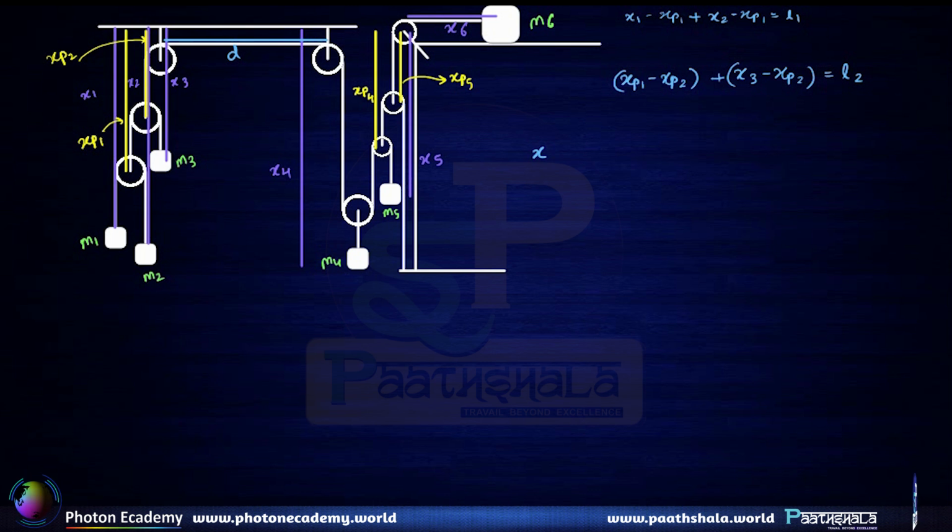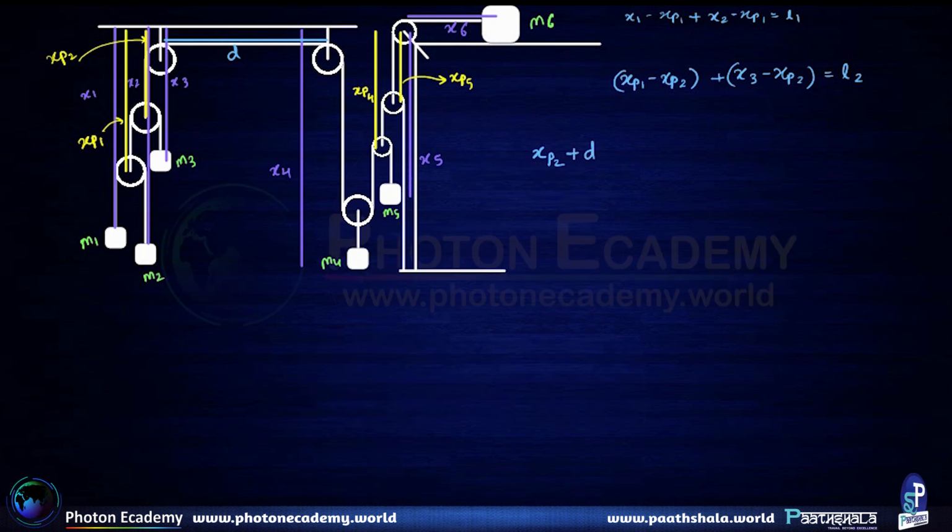xp2 is the length that comes from the left hand side vertical part. So this is xp2. Now then d, I'll have to add d with it, plus d. So we have reached from here till here. Then we go down, that is x4 simply. Then we go up like this.